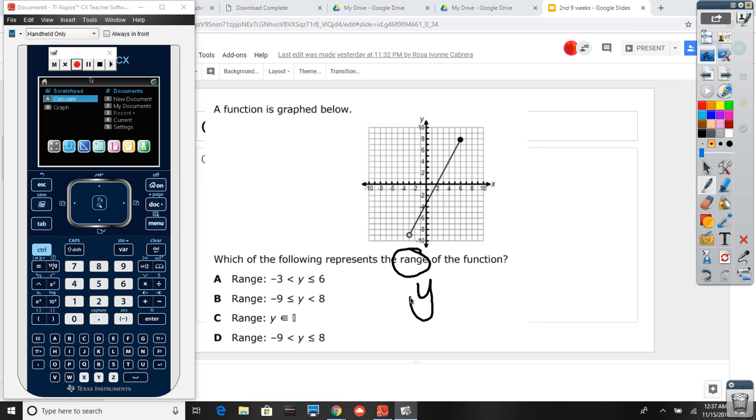Now what I usually like to do with these problems is make a box. I don't know how accurate I'll be able to do this box. Oh, it's coming out pretty good. Wow, I'm an artist.